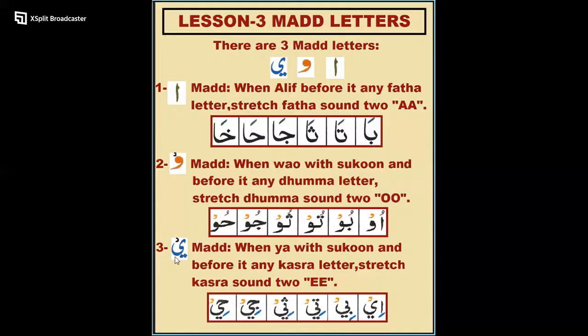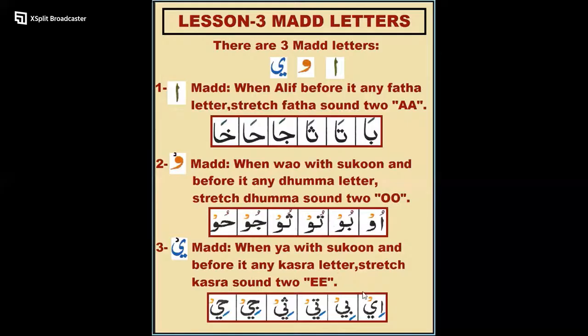And the third, yamad. When ya has sukoon and before it any kasra letter, stretch the kasra sound to e. As you know, one kasra, one zir sound, we never stretch. Like hamza kasra e, ba kasra bi, ta kasra ti.